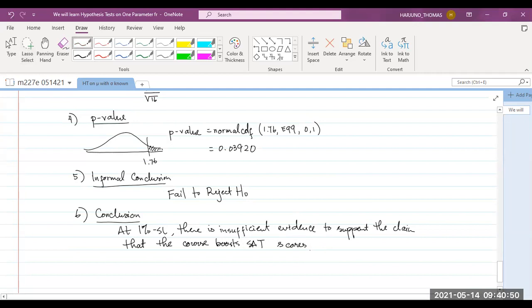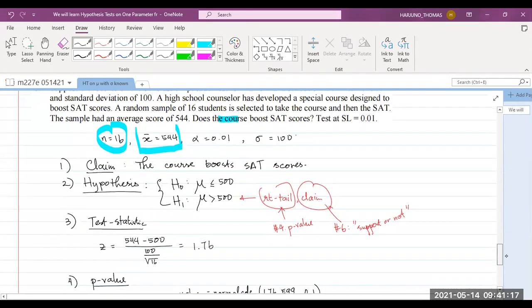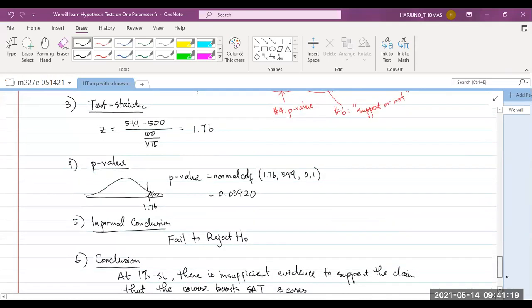Now the p-value is 3.9%. So if the significance level were 5%, then we have sufficient evidence, right? There will be sufficient evidence to support that claim. But because the significance level is 1%, then we fail to reject that. So this is the work, okay?